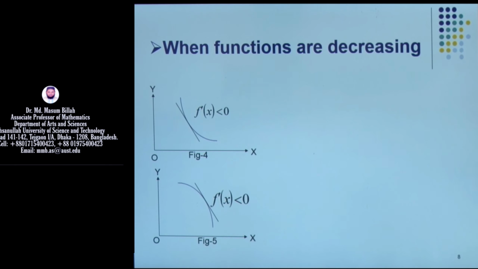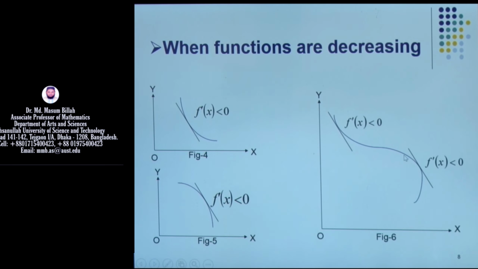So we can say this function is decreasing also. And if we take a combination of concave up and concave down, at any point the slope of the tangent is always negative. So figure 6 is also a decreasing function. So figures 4, 5, and 6 are decreasing functions.